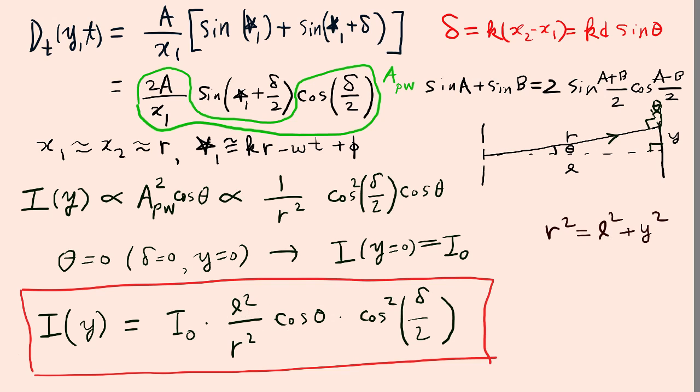The important point here is that of all these expressions, this expression here, cosine squared delta over 2, is of utmost importance. That describes the fringe pattern of the double slit interference. These other things are just describing some geometrical factors like cosine theta and the fact that we have a spherical wave, 1 over r squared type of thing.